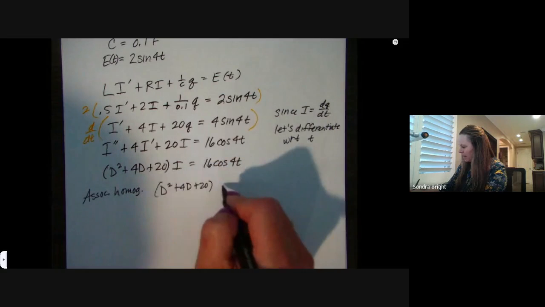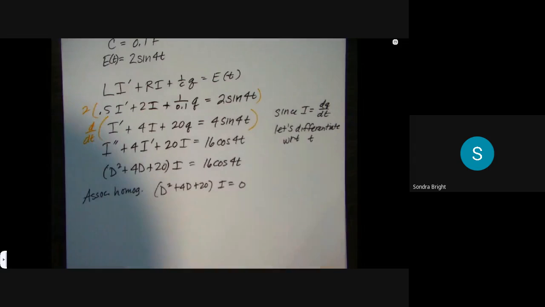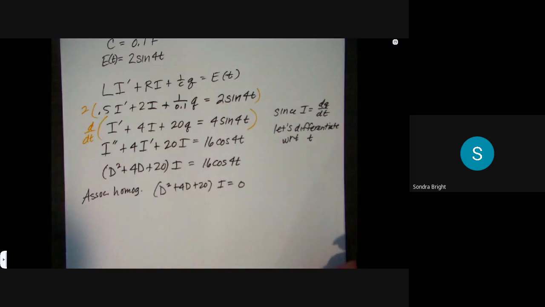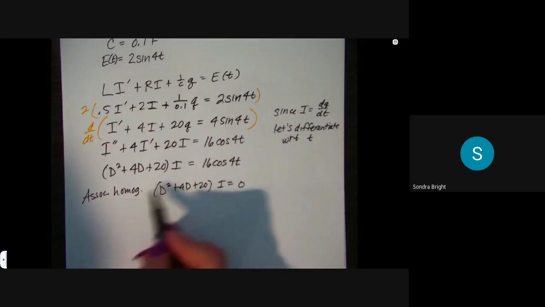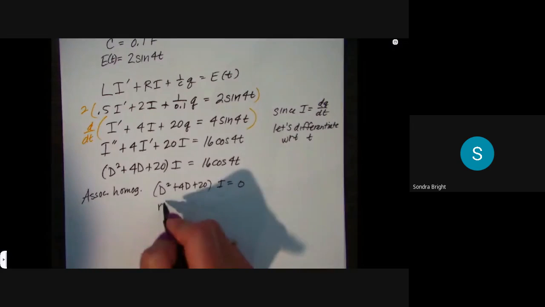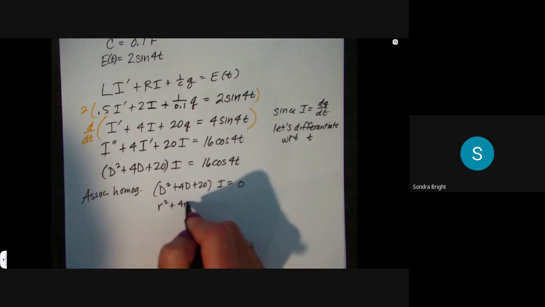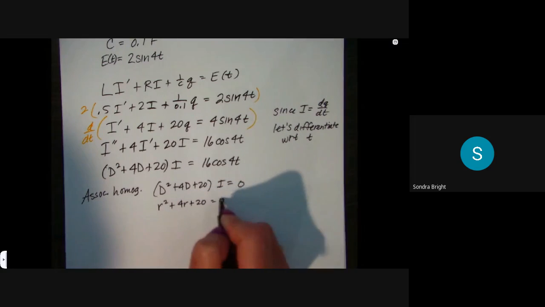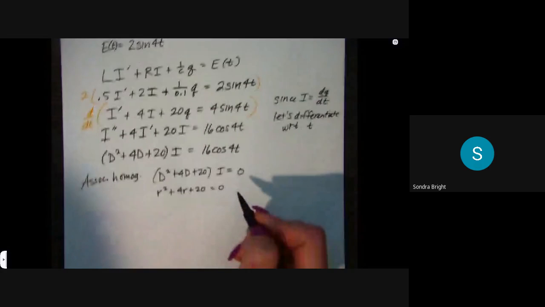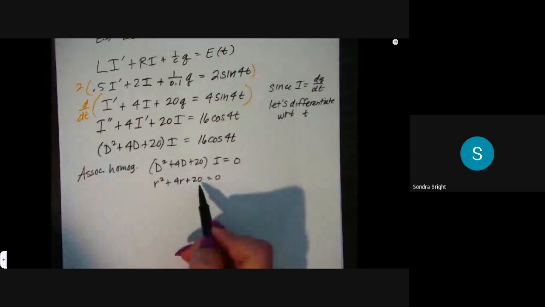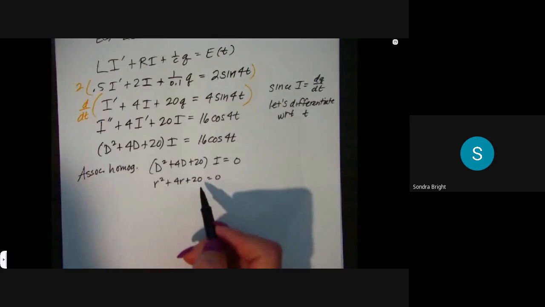All right, well, so you're solving for this guy equaling 0, right? And you can't factor it. There's not two numbers that multiply to 20 but add to 4, but it's an easy complete the square problem.